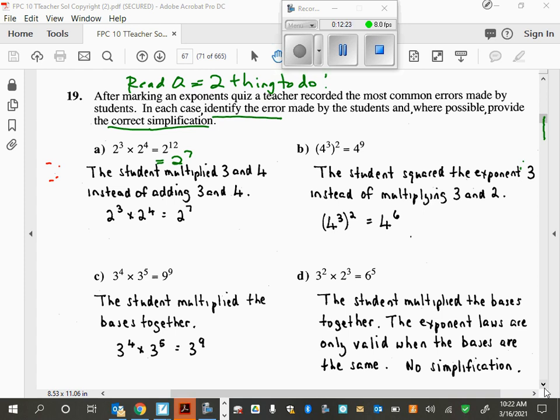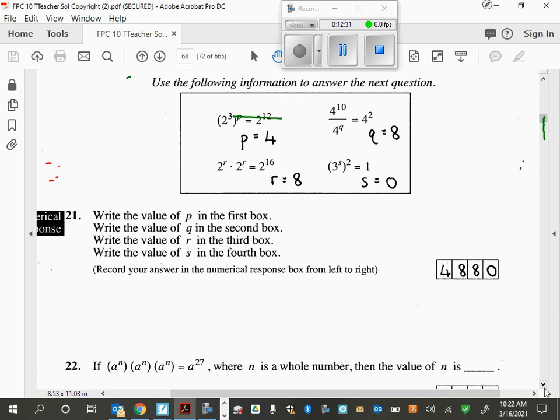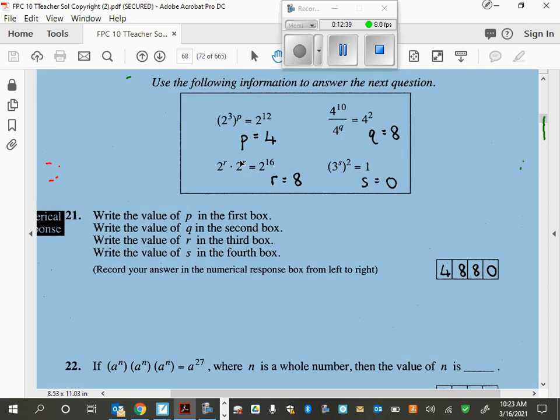Okay, and then there's some numerical response questions. At least 21, I think. There we go. Quick. What numbers go there? So what number times 3 equals 12? 10 subtract what number equals 2? Third one. Ooh, that's a good one.